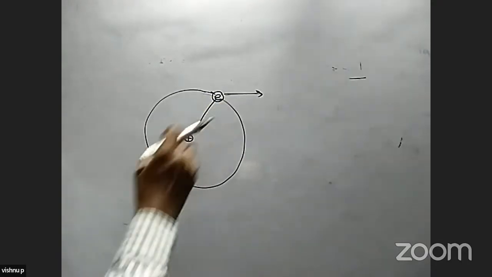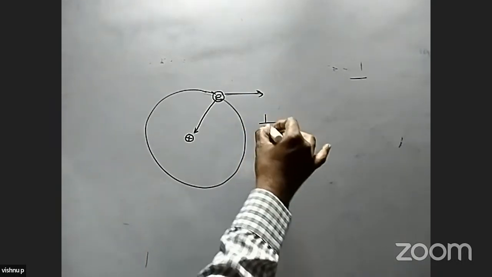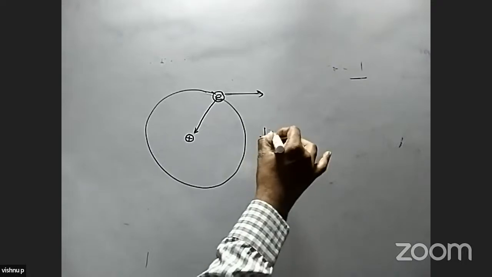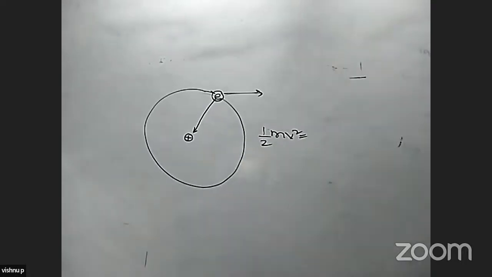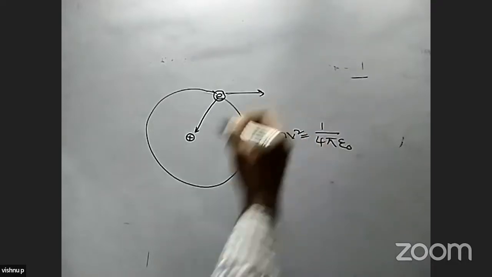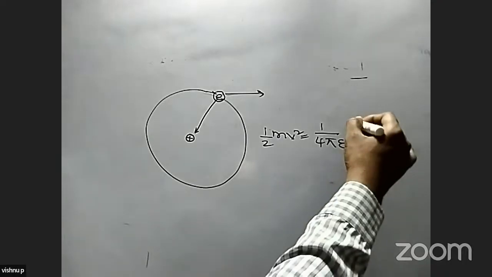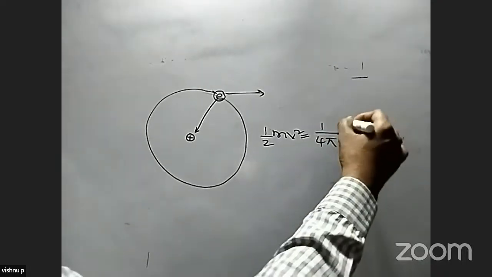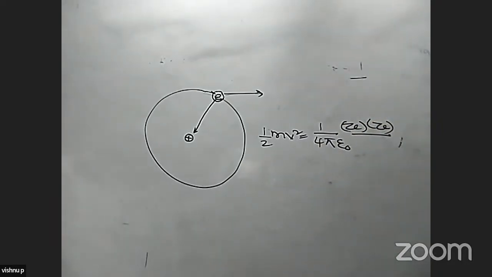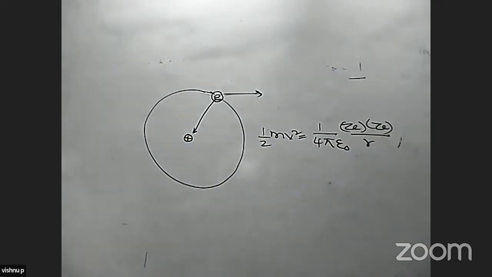So when the electron is revolving, the kinetic energy of the electron we can write as half mv square, which equals 1 by 4 pi epsilon naught, where epsilon is the permittivity of the medium, into Z into Z by the distance between the nucleus and the electron, as indicated this way.